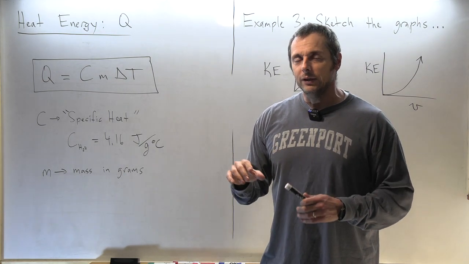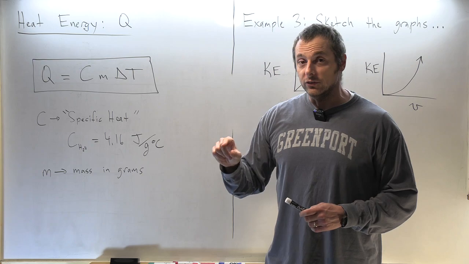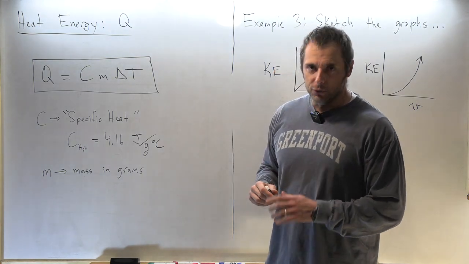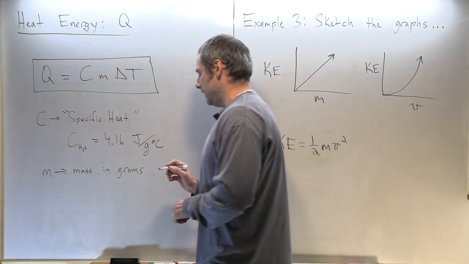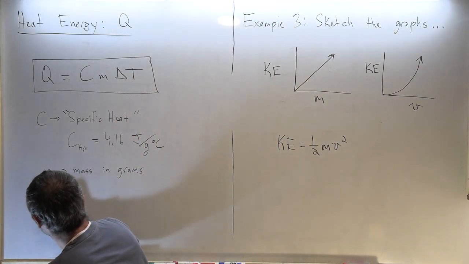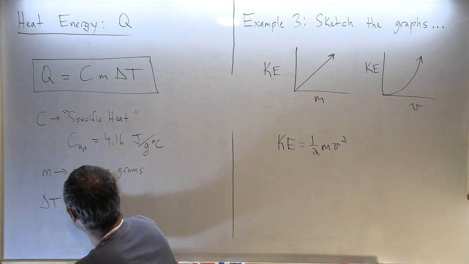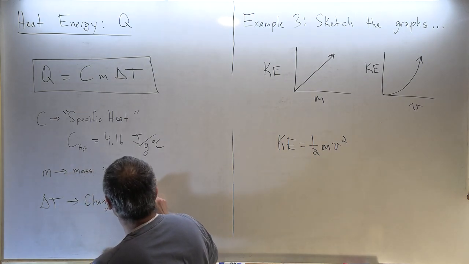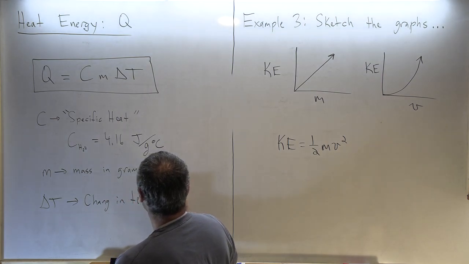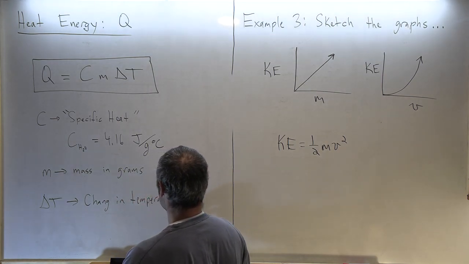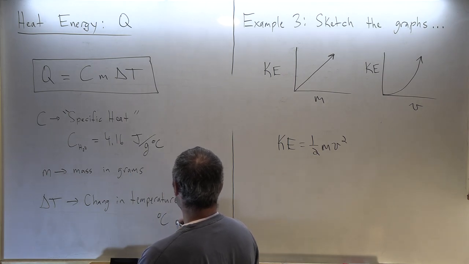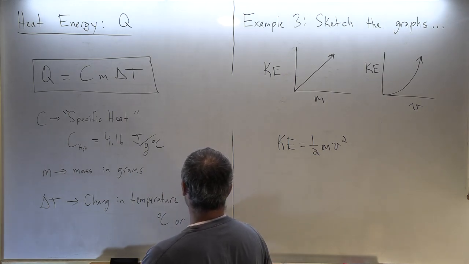Every other formula in physics, mass has to be in kilograms. But just in this one, you plug it in grams. And then delta T is the change in temperature. And that's going to be in either degrees Celsius or degrees Kelvin.